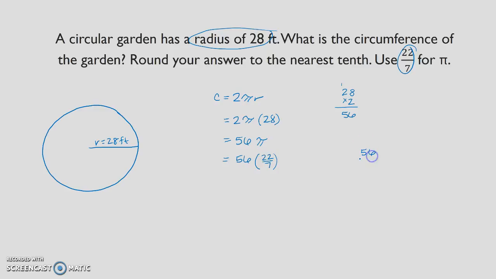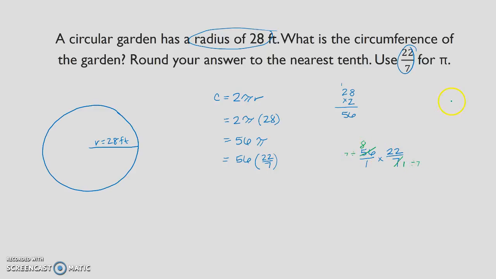So 56 over 1 times 22 over 7. So 7 divided by 7 is 1, and 56 divided by 7. See, 7 times 8 is 56, right? So divide by 7, it's 8. I'm going to put divide by 7 in case y'all forget.